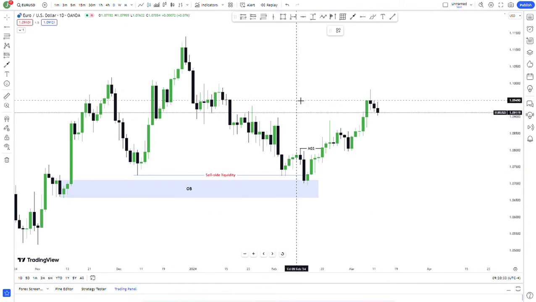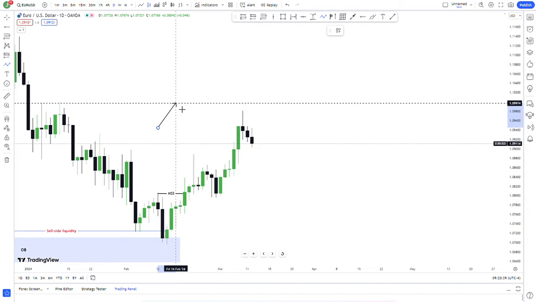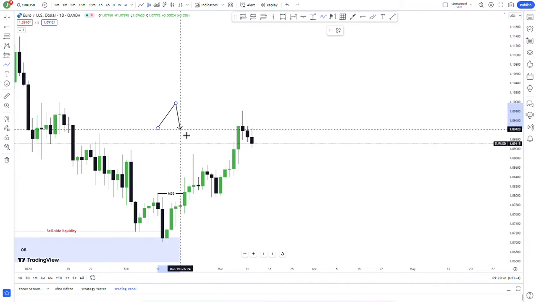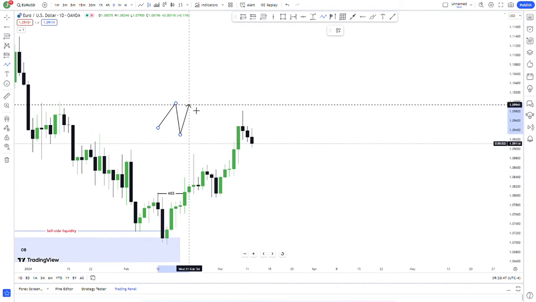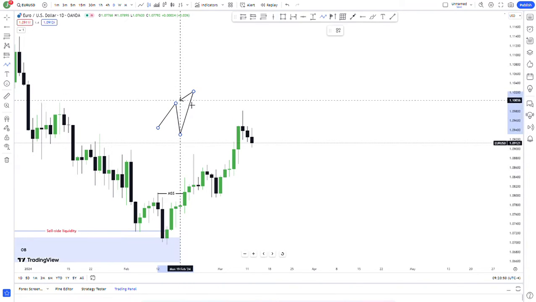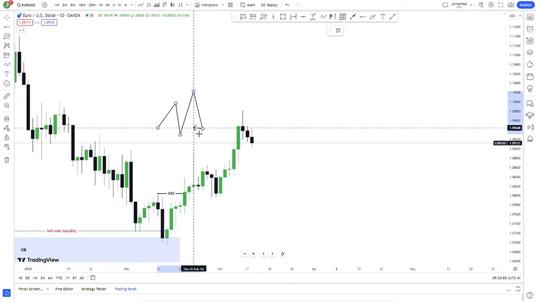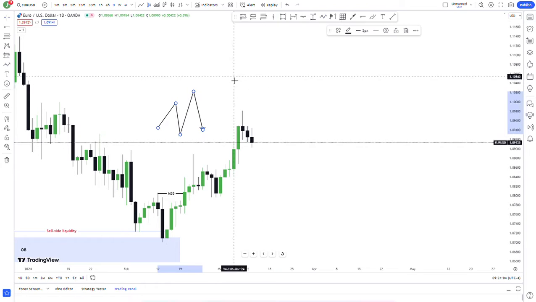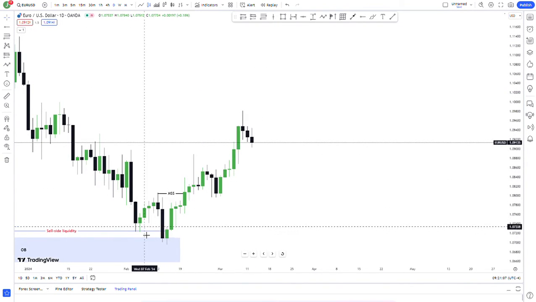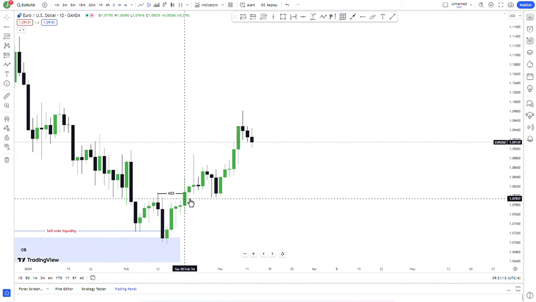The way that we see a market structure shift is if the market created a high, then created this low over here, came back to break this particular high, then this is regarded as a market structure shift. It created a low, created a high, came back to break this low, and then came back to break this particular high.